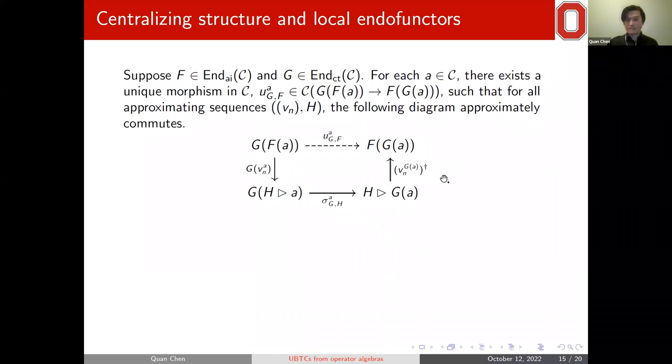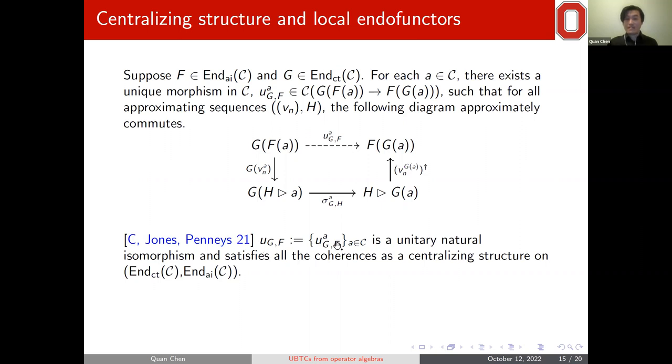And we can show that this sequence is a Cauchy sequence. Remember, in our tau topology, every Cauchy sequence admits a limit. We call this limit U_{G,F,A}. And we can show that this limit doesn't depend on your choice of approximating sequence, so this thing is unique.